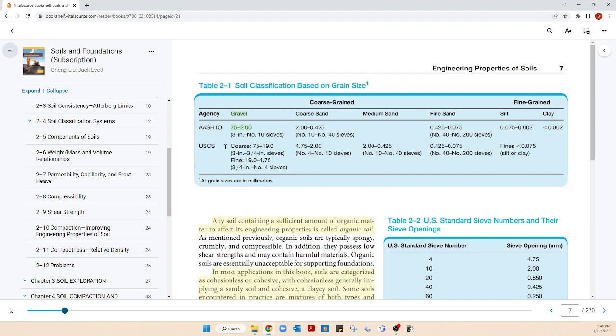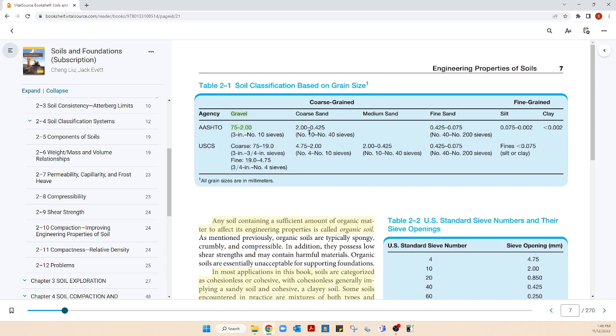So in the USCS, the coarse gravel is a bit like that, but it is retained on the 3/4 inch. They go straight to the 3/4 inch, and it passes the 3 inch and is retained on the 3 inch. And then they have a fine gravel that is 3/4 inch retained on there.